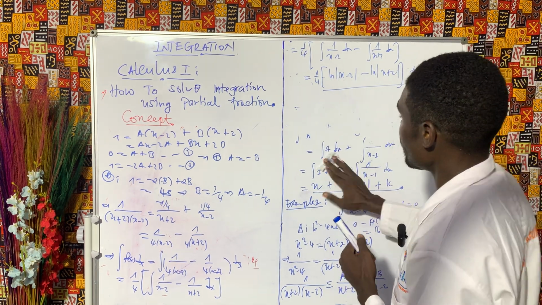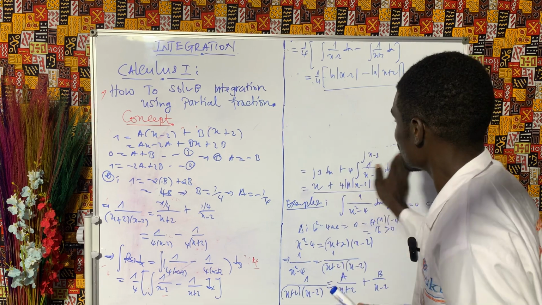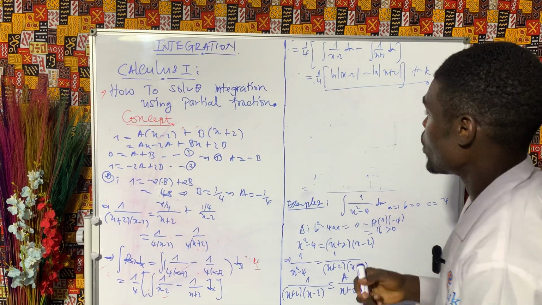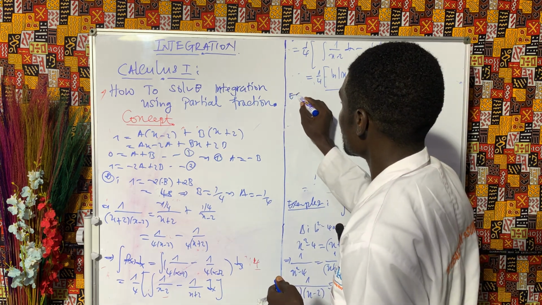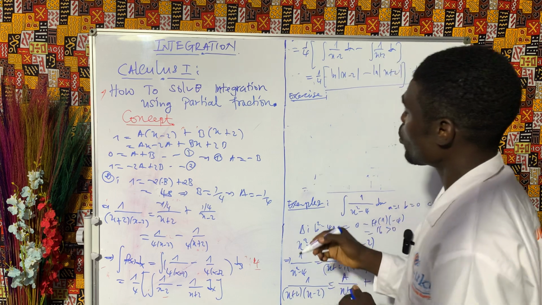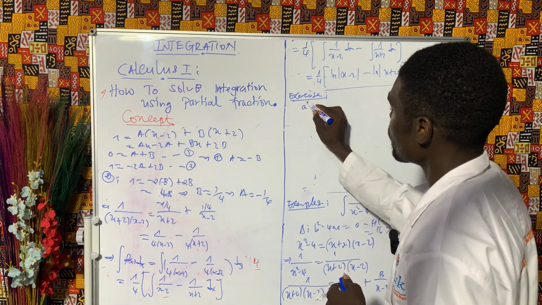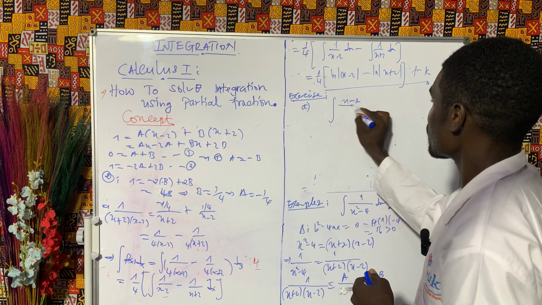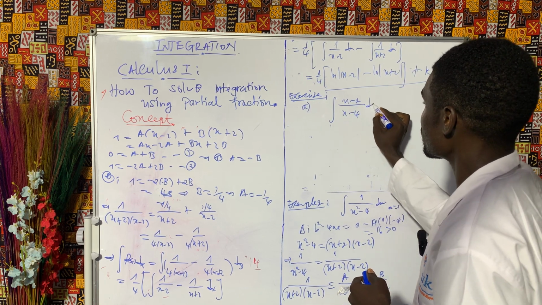So as exercises, for some of you, we can brainstorm. Integrate the following. A, the integral of x minus 1 over x minus 4 dx.